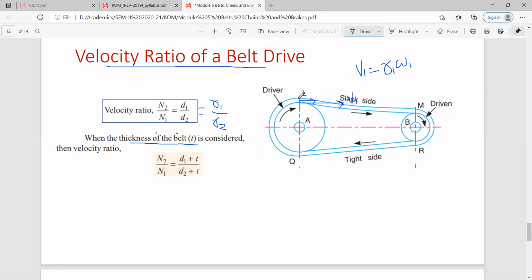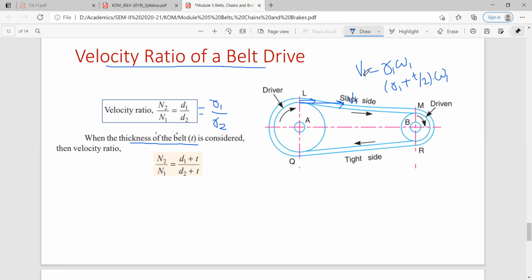So if you measure the velocity at the middle thickness of the belt, definitely the radius will be greater here. Though omega 1 is the same, the radius will now be r1 plus t upon 2, where t is the thickness of the belt. Velocity is your radius multiplied by angular velocity.